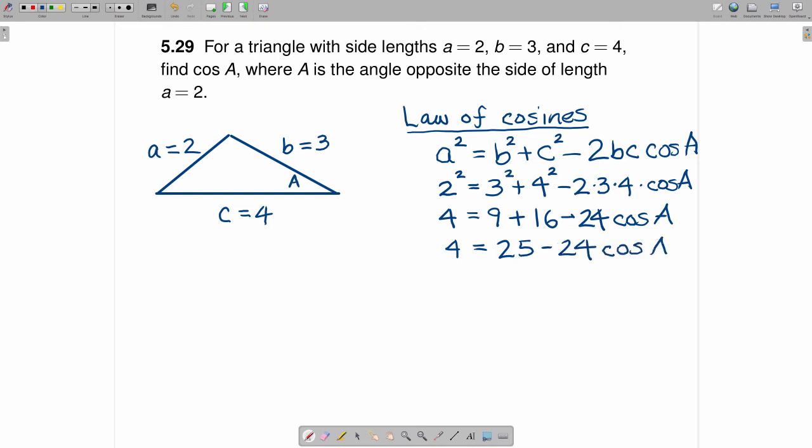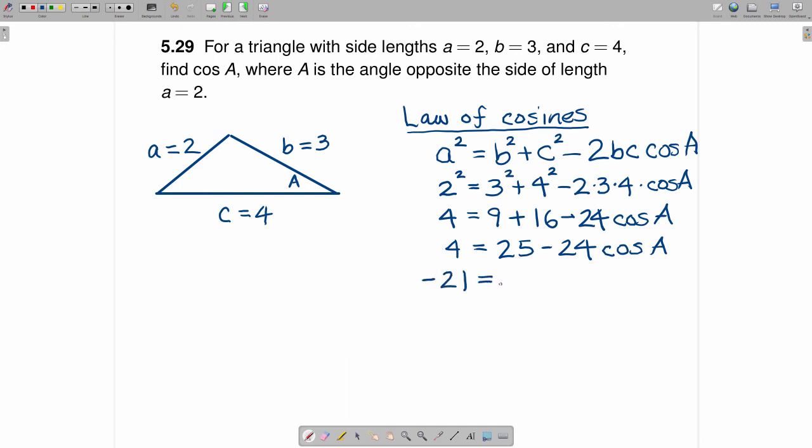cosine of A. If you subtract 25 from both sides of the equation, you will be moving that number over here. When you subtract 25 from the left-hand side, you get negative 21.